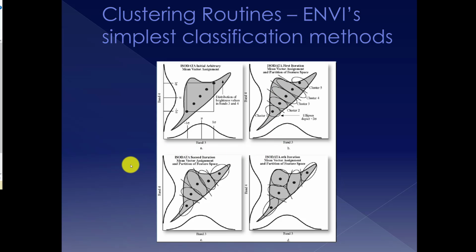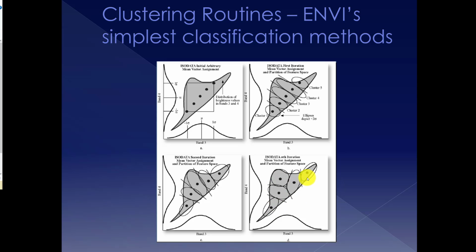Okay, doing more iterations, looking at our second iteration here in C, we're now seeing that these ellipses are starting to show a different shape. That's because the data is clustering out more and more away from a one-on-one relationship, which doesn't exist. And then finally, this is showing you nth iterations. You have a lot of power in your computer, and you can run multiple analyses on your data. Now we see a very different relationship than the one-on-one, with the centers.